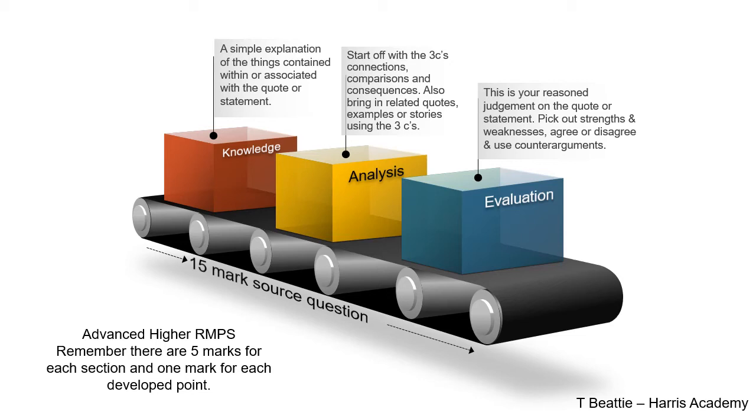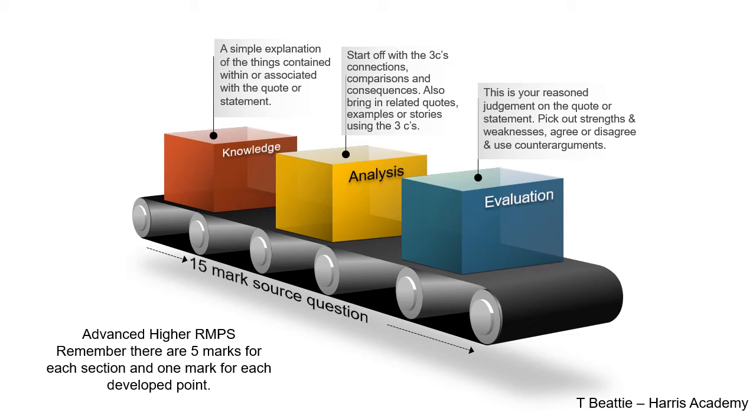Also, a good way to do that is to bring in related quotes or examples or stories. The quotes, the examples, or the stories themselves are knowledge, but what you can do is bring them in and use them with the connections, comparisons, and consequences. It really gives you a nice foundation, those quotes or examples or stories, to build your analysis on.